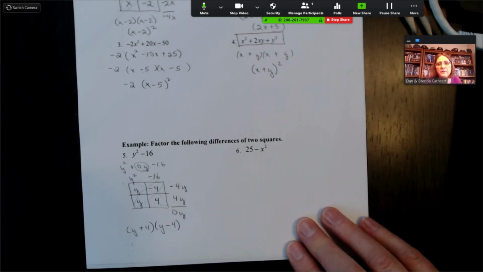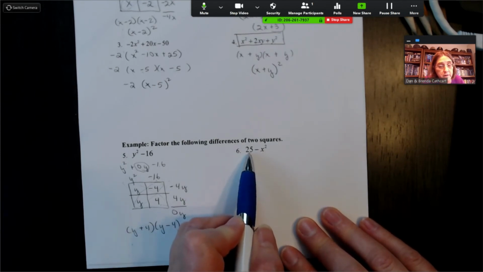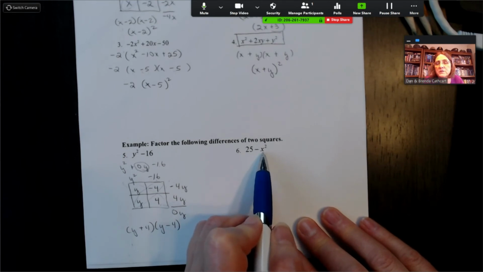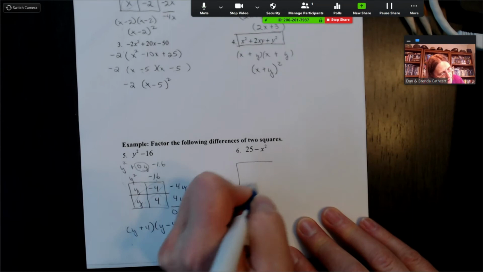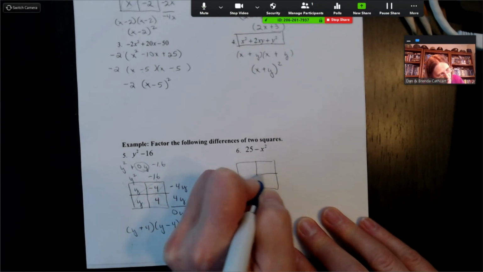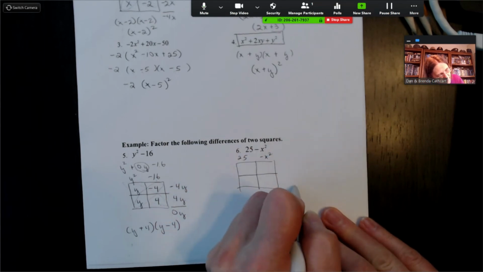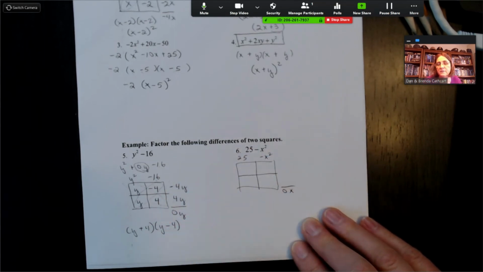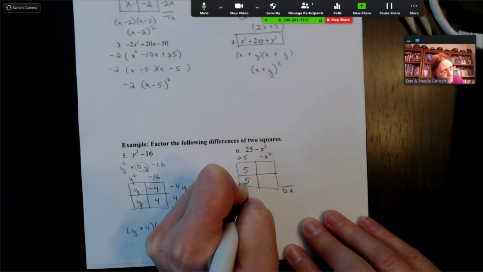Okay, let's do that again. Number 6, again, we have a difference of two squares. 25 is the perfect square 5 squared. And x squared is, of course, x times x. So let's put it in a box. First term, last term, and our middle term again is 0 because it's missing. The perfect square for 25, 5 times 5.